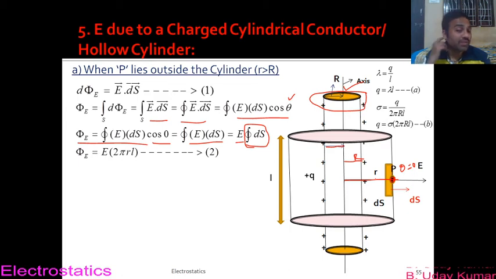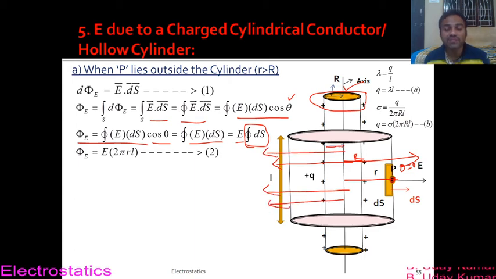Actually, in our previous videos I was saying that it is the total surface area, right? Here also I get the total surface area, but why am I taking only the curved surface area here? It is because the lines of force are coming out of the Gaussian cylinder from the curved surface only. The lines of force are just coming out of the cylinder in the outward direction only, not in the upward direction, not in the downward direction.